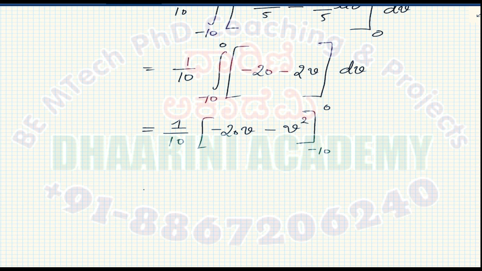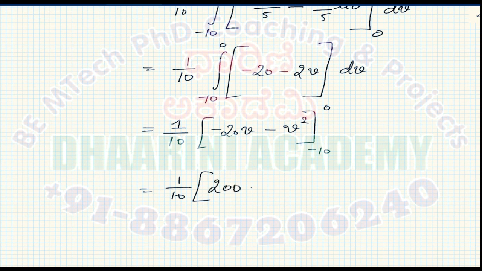So when you put 0, this is 1 by 10 into, so 20 into 0 is 0, then minus 20 into minus 10 is 200. It's a positive 200.